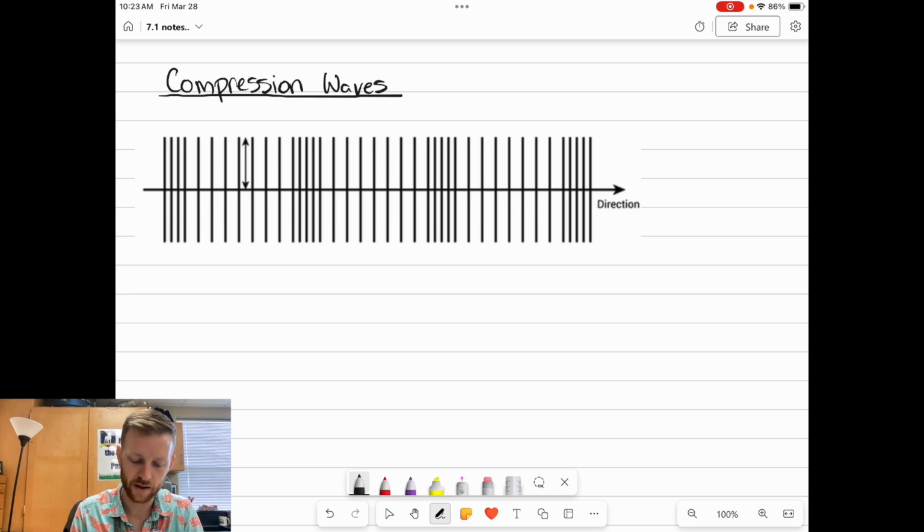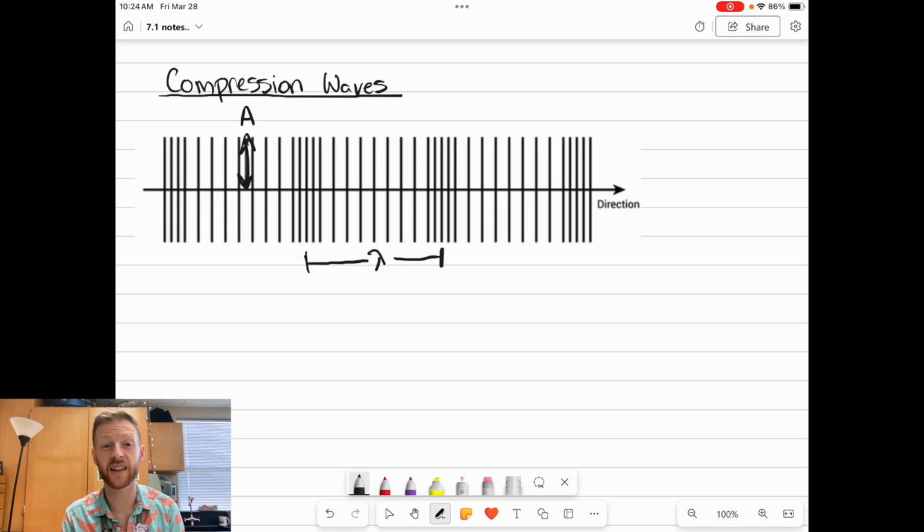So with this, we can see, this arrow right here is going to be your amplitude. Wavelength would be from compression to compression.